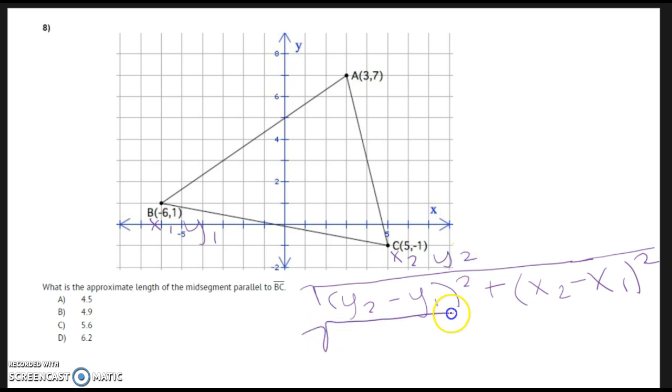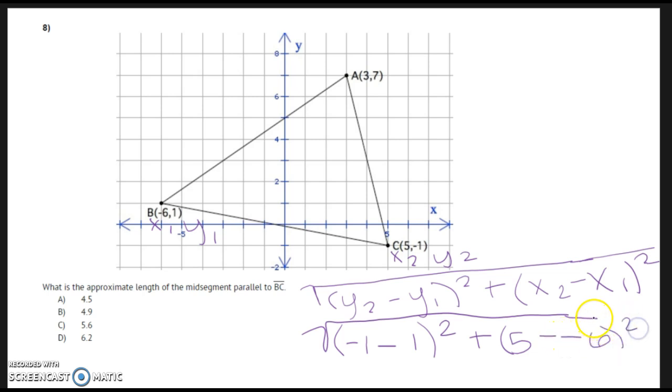So we have square root of, and we're just going to plug in, y2 is negative 1, minus y1 is 1, squared plus x2 is 5, minus x1 is negative 6. So here make sure that you do minus a negative 6 squared.